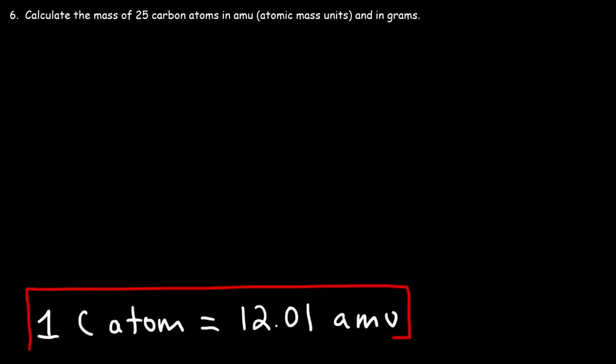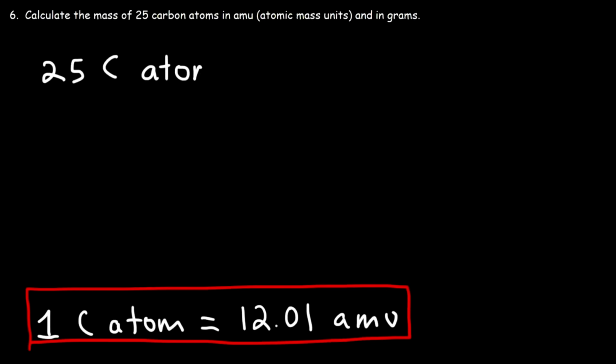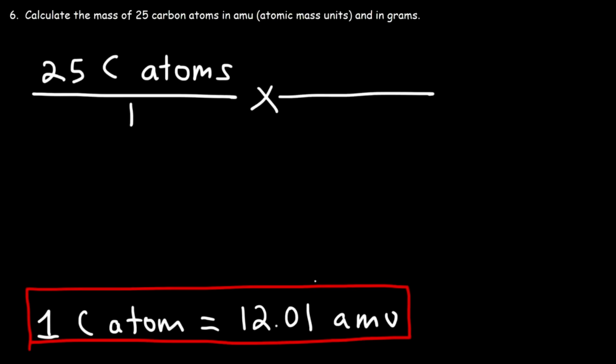So if that's the case, how many atomic mass units are present in 25 carbon atoms? So we're going to set it up as a conversion problem. We're going to start with what we're given, 25 carbon atoms, and then use this to convert it to AMU.